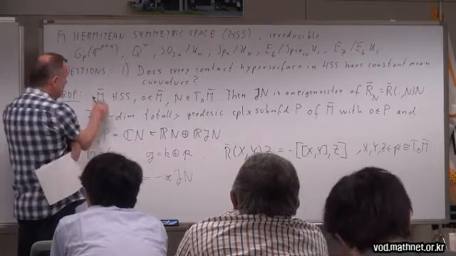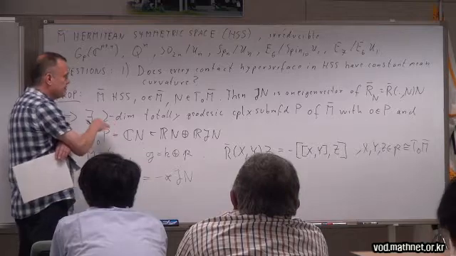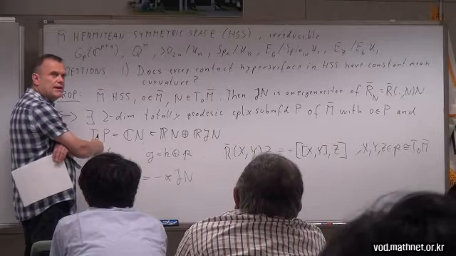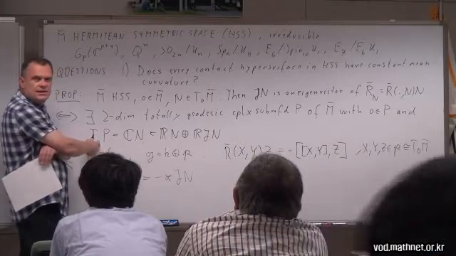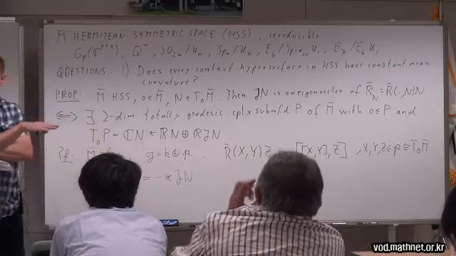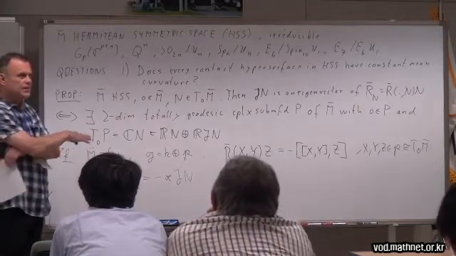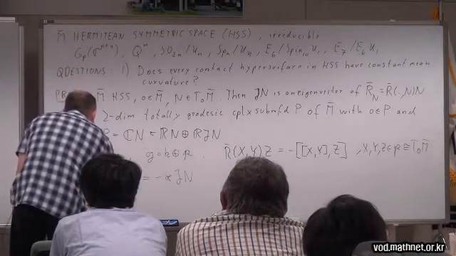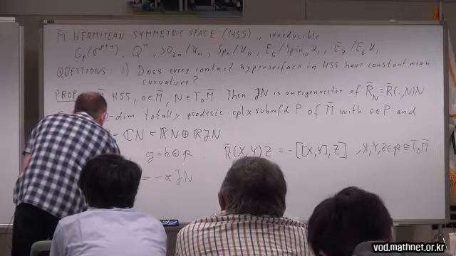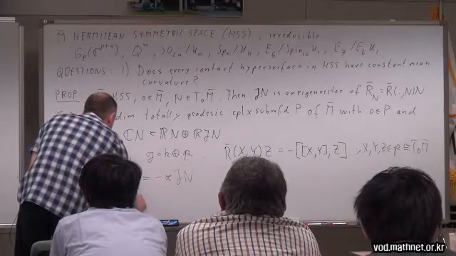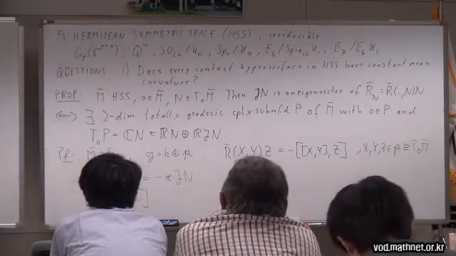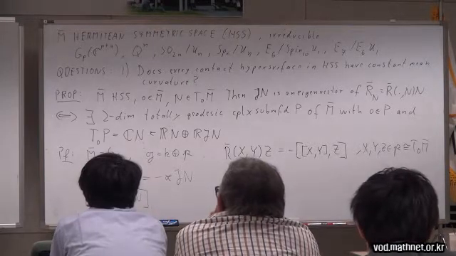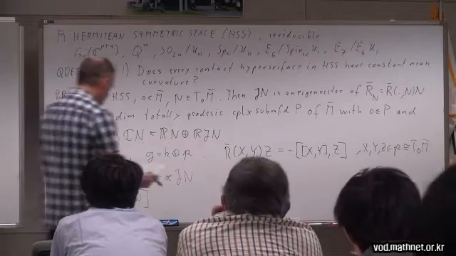Now, since we are in a symmetric space, the existence of a totally geodesic submanifold tangent to some subspace of P, the condition is that this is a Lie triple system. So we have to look at all possible combinations of vectors in T_O P to see if the Lie triple condition is satisfied. The only remaining condition we need to check is the Jn condition, because there are just two tangent vectors, and everything else comes from curvature identities.